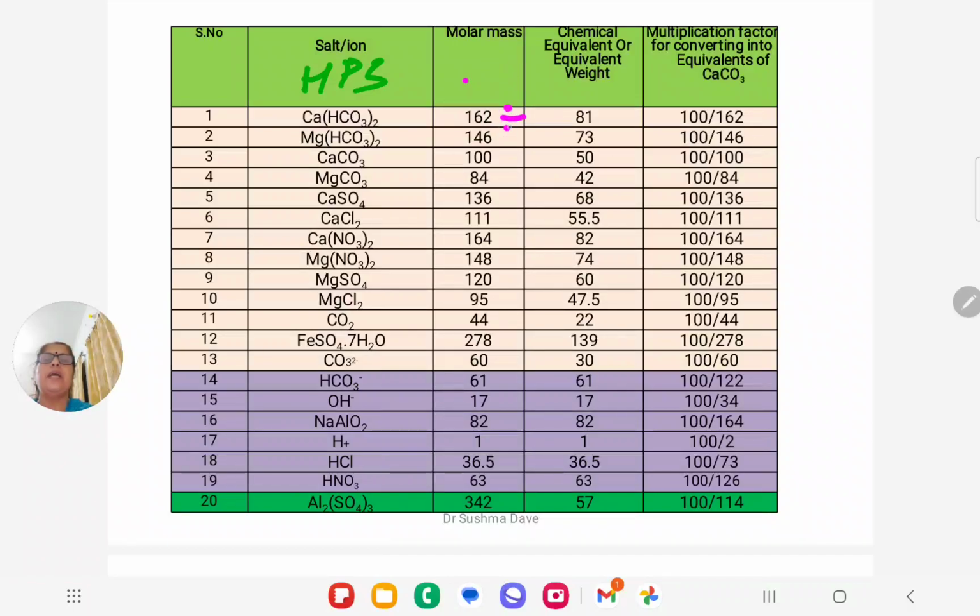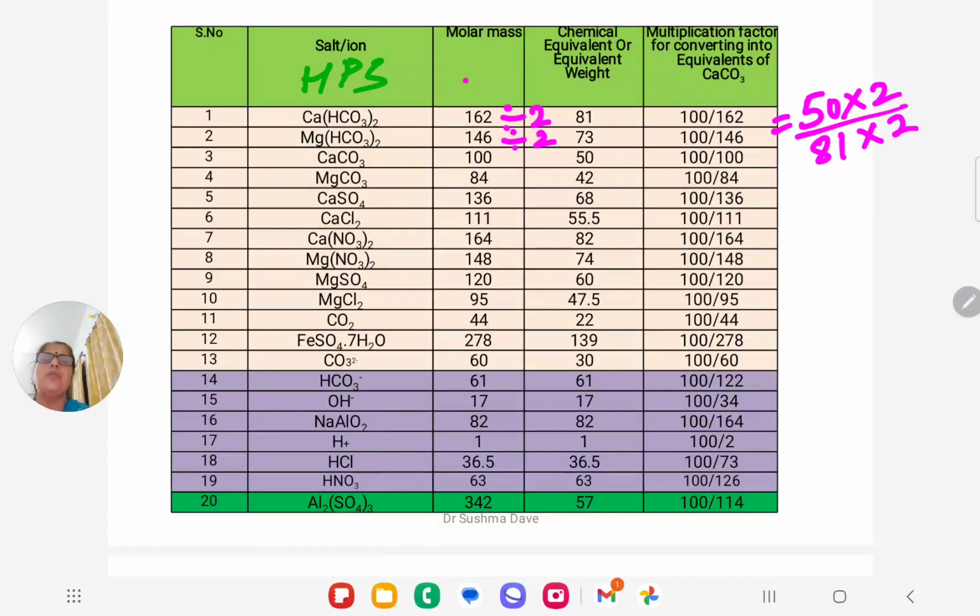It will be divided by 2, then it comes to be 81, and as we have learned, calcium carbonate has 50 as its equivalent weight, multiplied by 2, and 81 by 2, that is the equivalent weight of the hardness producing substance into 2. In the second case, what is there?